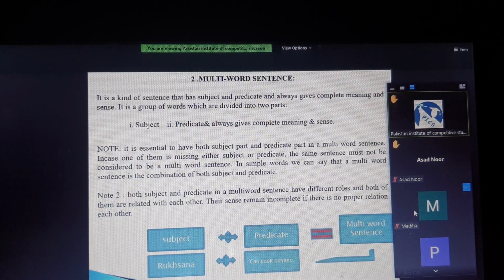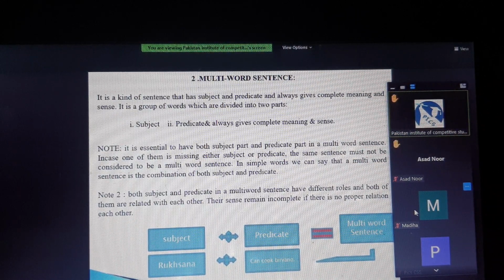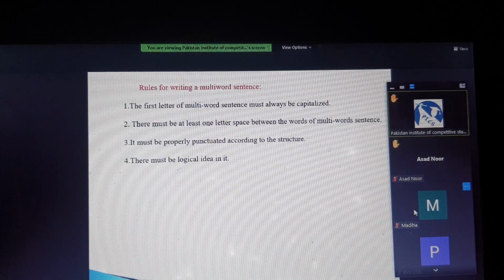And if I simply say cook biryani, it also does not make a sense. But when they both come together, they create a sentence like Roxana can cook biryani. So this is multi-word sentence. Now see, rules for writing a multi-word sentence.